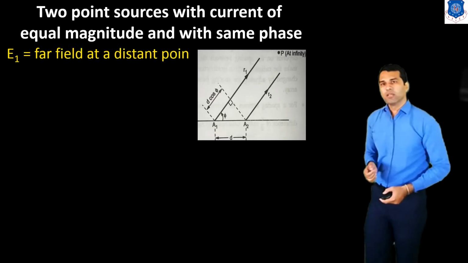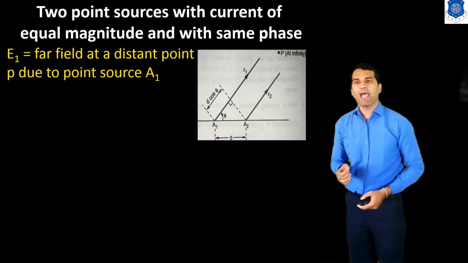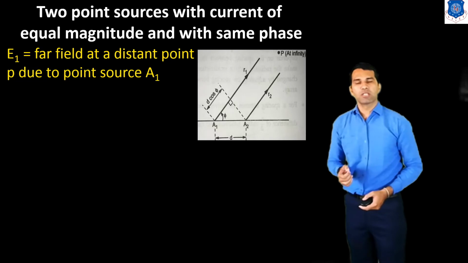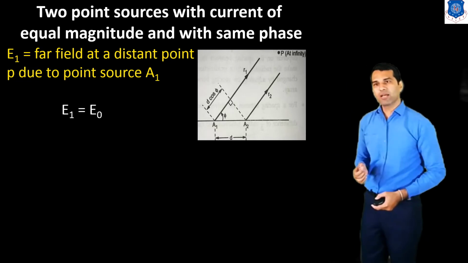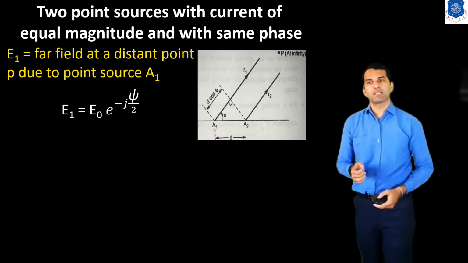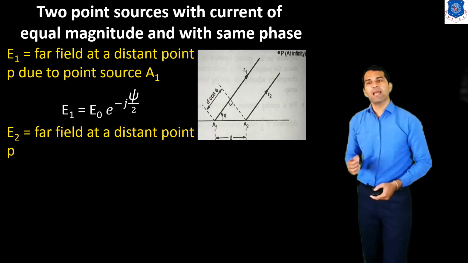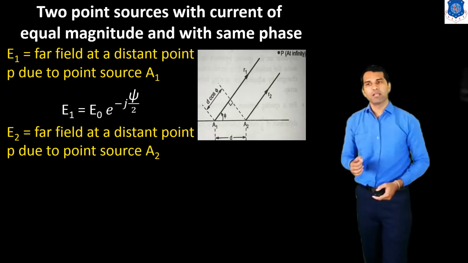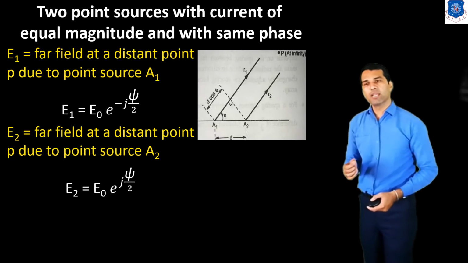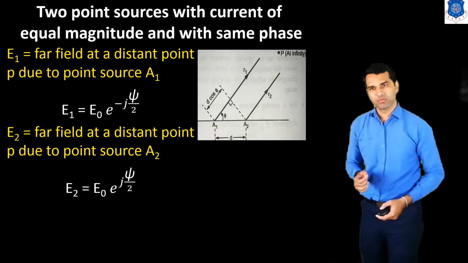Now E1 is the far field at point P due to point source A1, and we consider E1 equals E0 e raised to minus j psi by 2. Similarly E2 is the far field at point P due to point source A2, and E2 equals E0 e raised to j psi by 2.